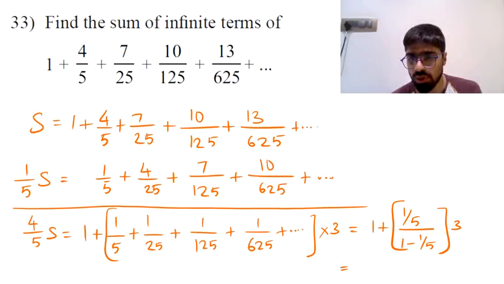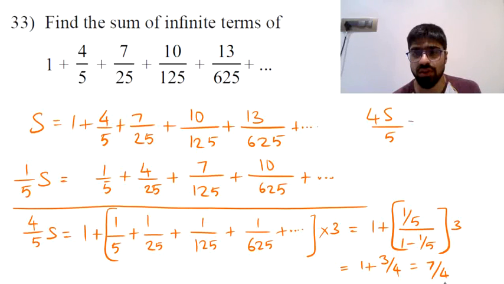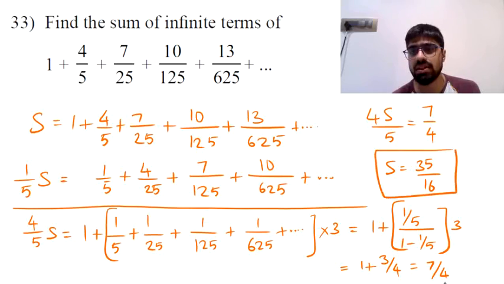So this becomes equal to 1 plus, this is going to be 4 upon 5, 1 by 5 upon 4 by 5 makes it 1 by 4, and that multiplied by 3 makes it 3 by 4. So this is going to be equal to 7 by 4, and that is the value of 4 by 5 S. So we have 4S by 5 equals 7 by 4. You can take that 5 and 4 on the other side, and S will now become equal to 35 upon 16. And yeah, that's the sum of infinite terms of this sequence.